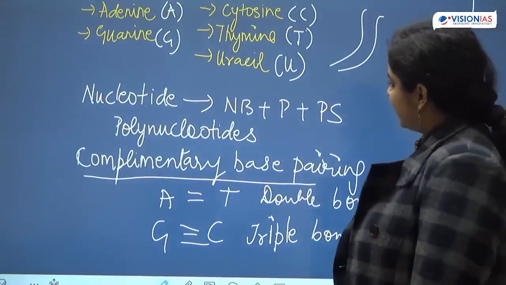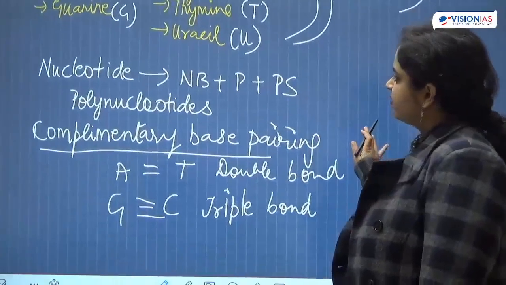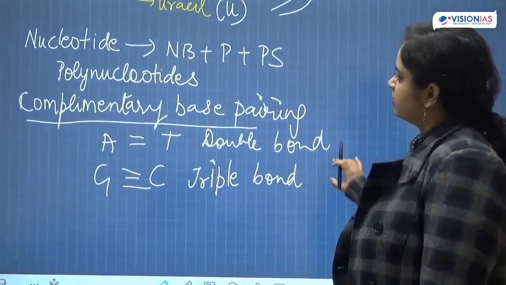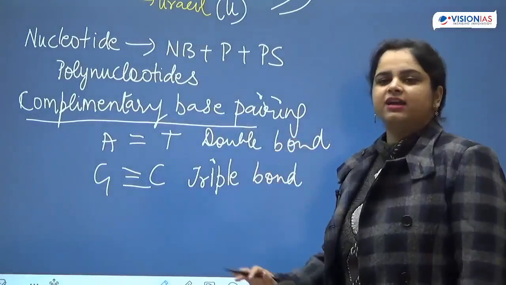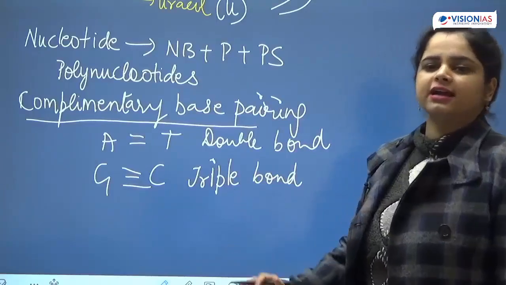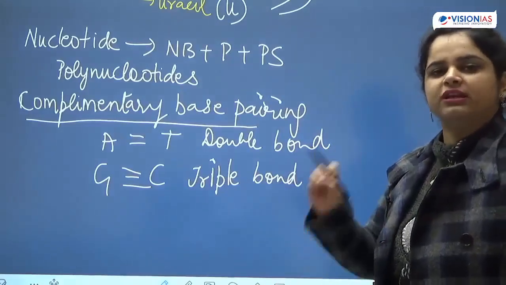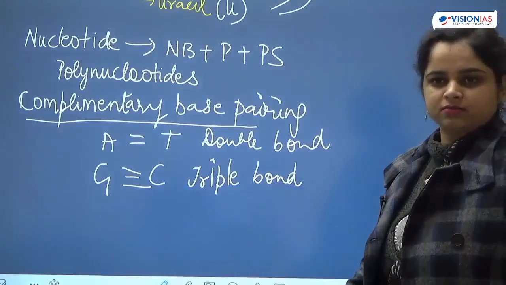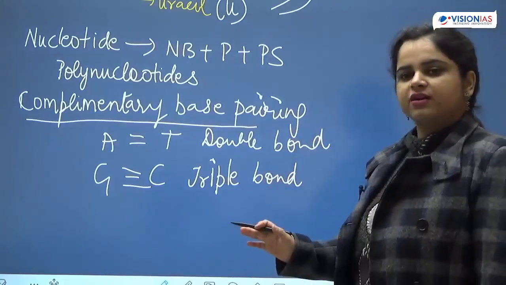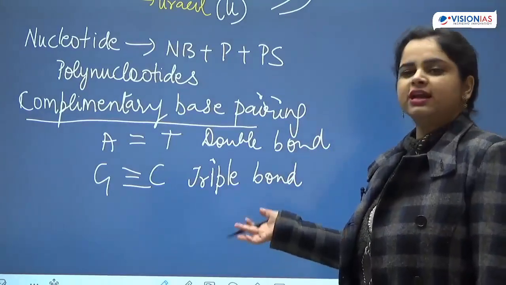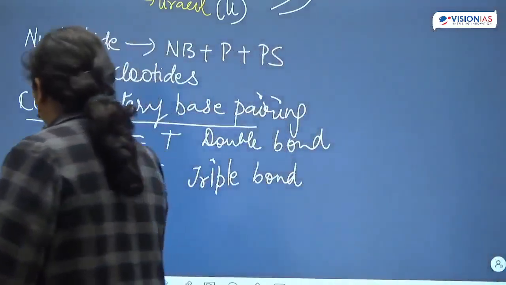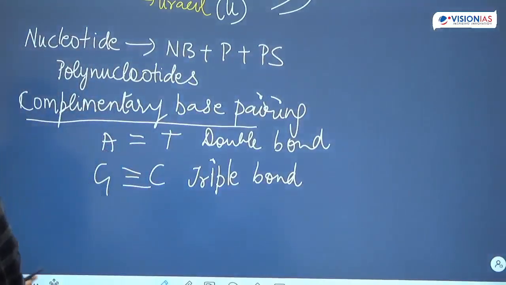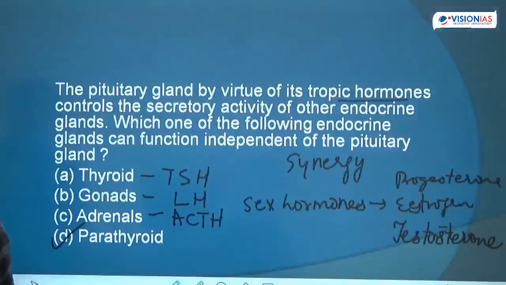That means wherever in nature, in any structure of DNA, if you have adenine on one side, on the other side you will have thymine and only thymine, nothing else. If you have guanine on one side, you can have only and only cytosine on the other end. I'll show you the structure of DNA, then this will make more sense.